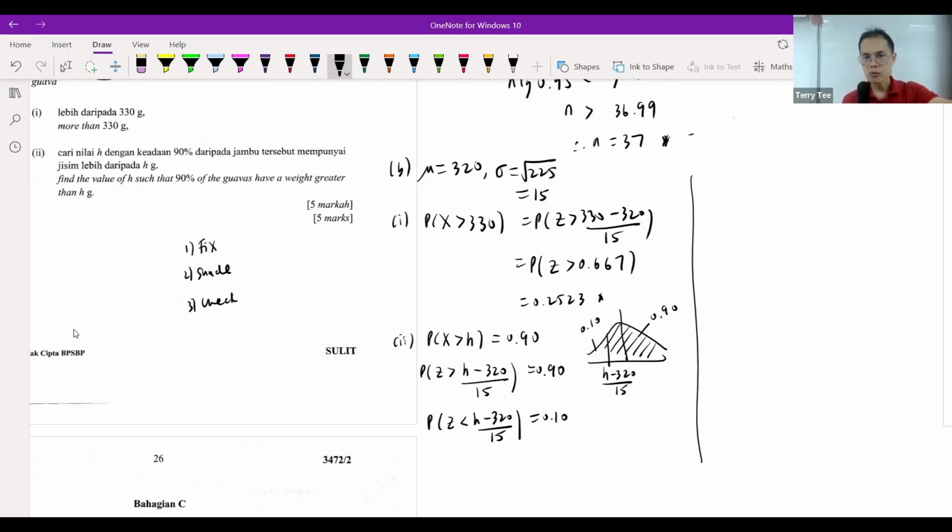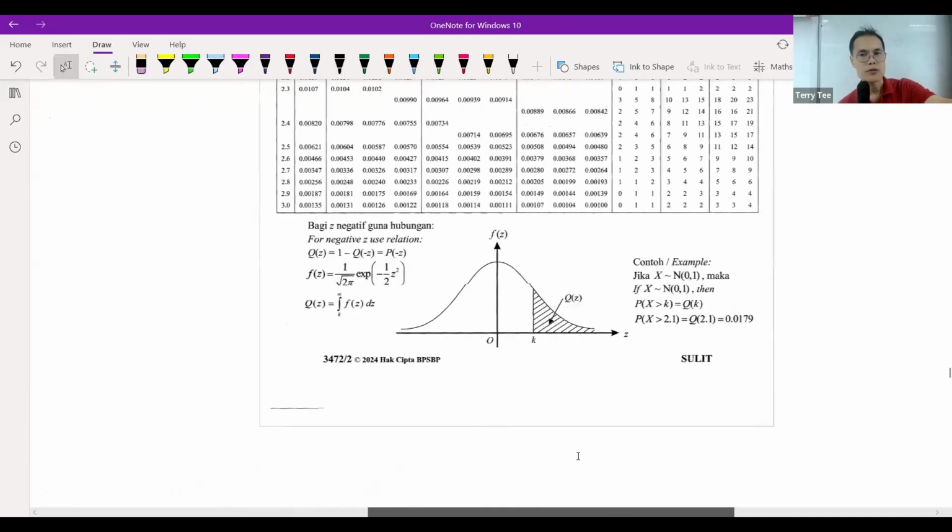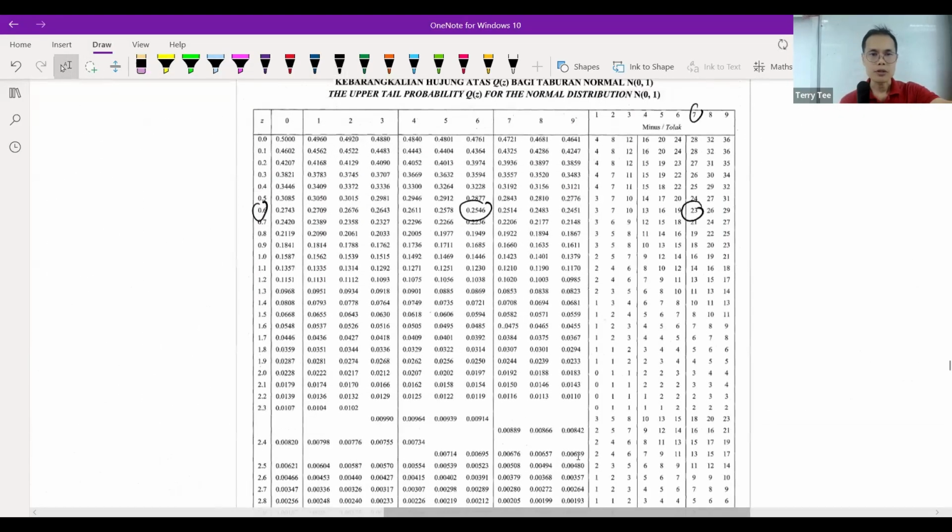Now, to find this, we have to work backwards. You have to slowly find from the mathematical table 0.1. Where's 0.1? Let me rub this off. If you look at your mathematical table for 0.1, the closest I got is 0.1003. This is 1.28.